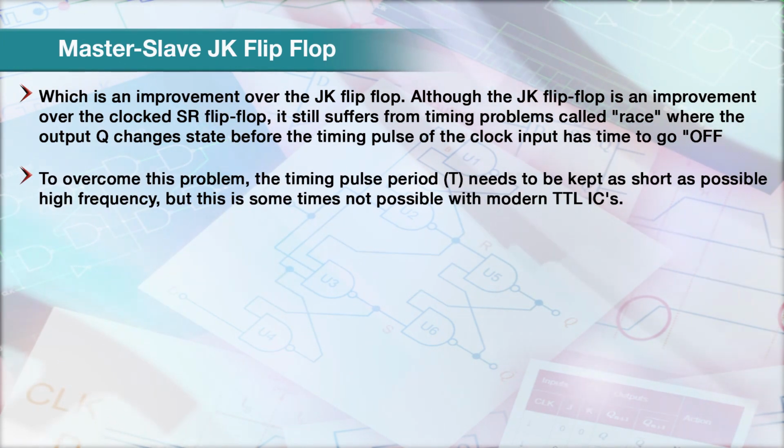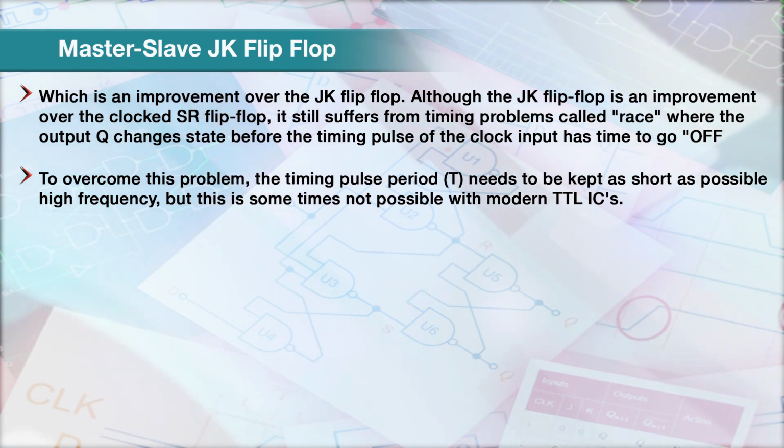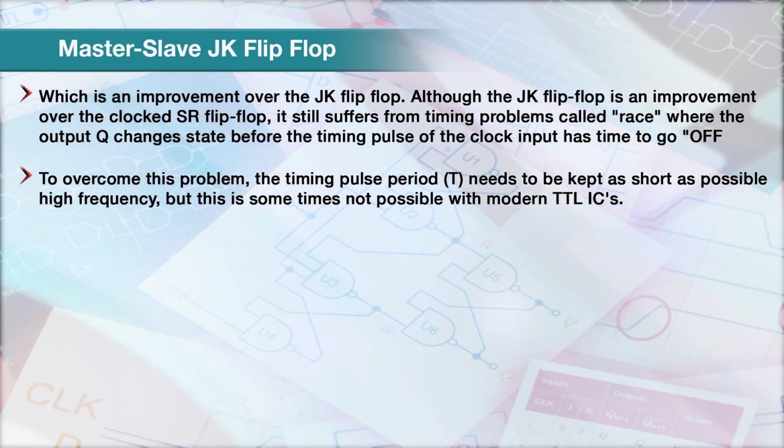To overcome this problem, the timing pulse period T needs to be kept as short as possible, meaning high frequency, but this is sometimes not possible without modern TTL IC circuits.